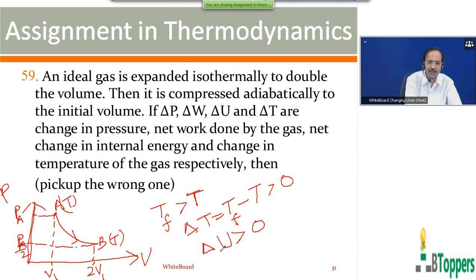And finally, in the adiabatic process, the relationship between the pressure and volume is given by PV^gamma equal to constant.